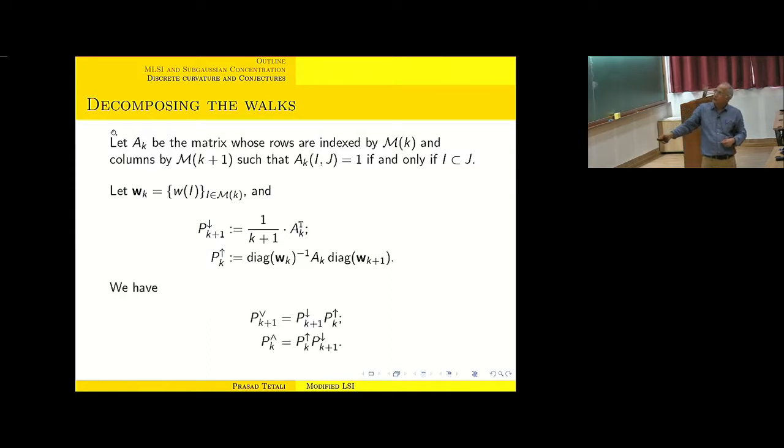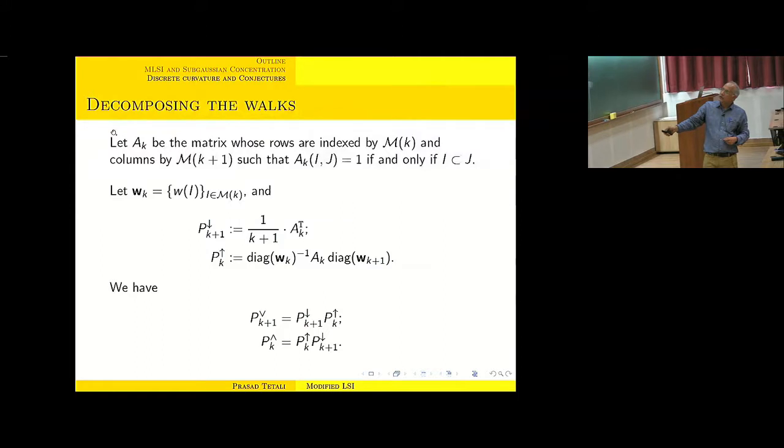Yeah, so P_{k+1} down means with probability 1 over k plus 1, I go down to the kth level from having independent sets of size k plus 1. Up goes not uniformly with 1 over k, but with these weights, right? With how many guys of weight k plus 1 are containing this weight k one.